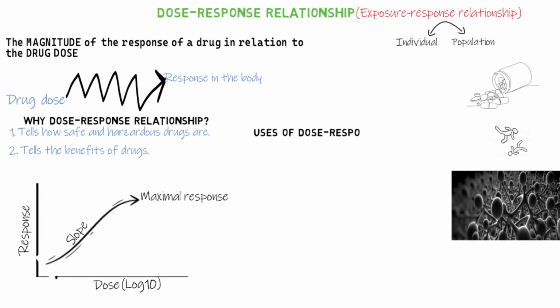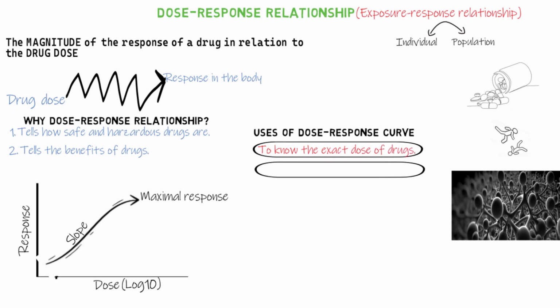These curves are used for various reasons, like knowing the exact dose of drugs on different body systems. It's also used for a comparative study of drugs on different people, and these people could just be individuals or for a particular population. Also, to know the efficacy of a drug.